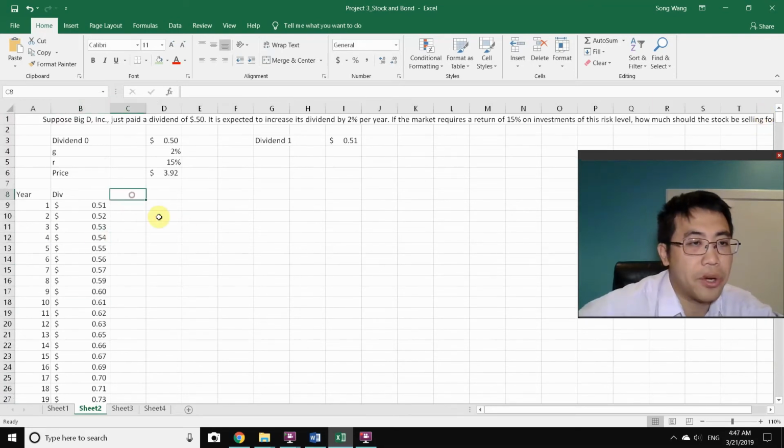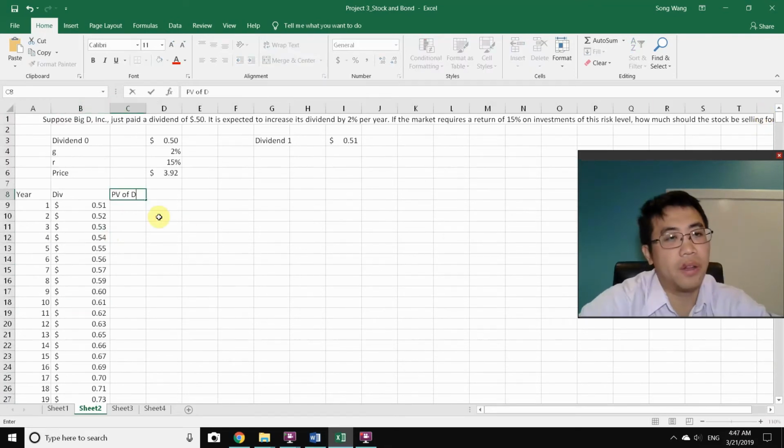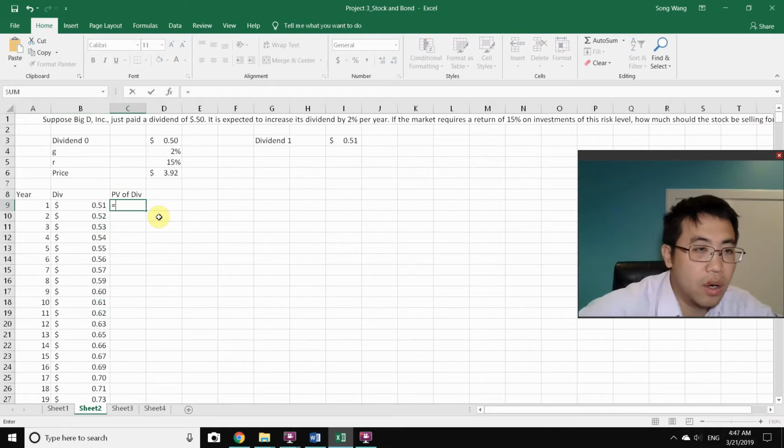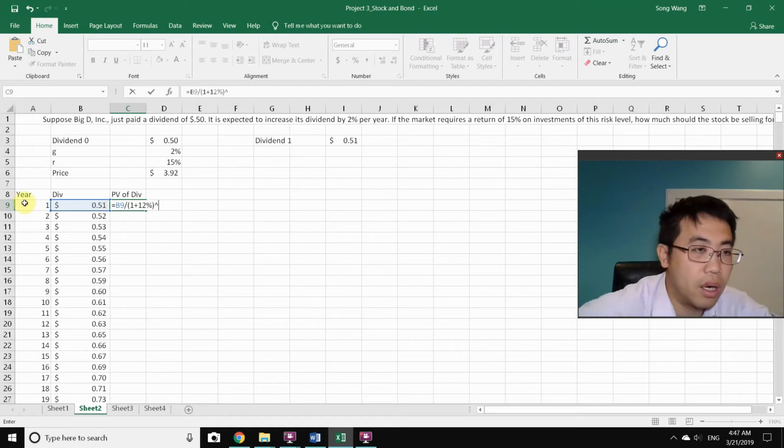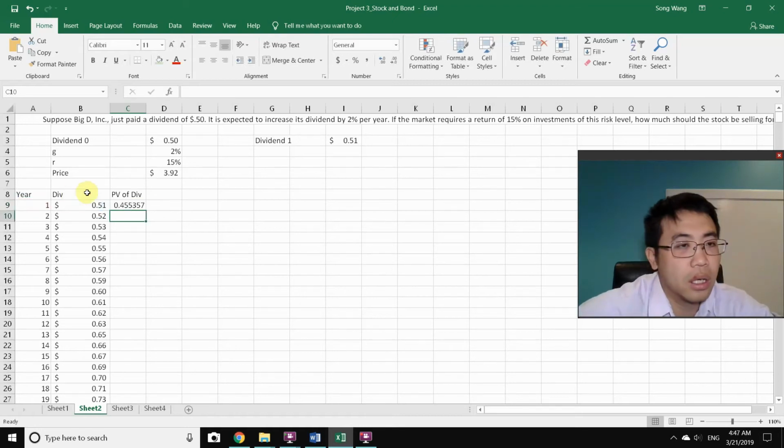What matters is the present value of all the dividends. For the first year, I'm going to discount it according to its year number 1. The 51 cents a year later is only worth 46 cents today.